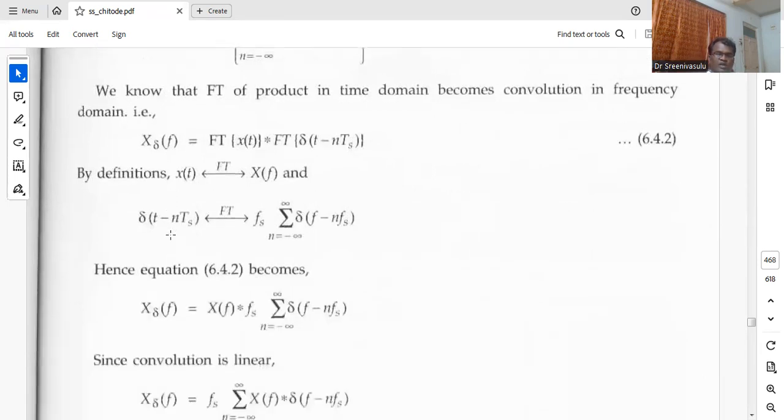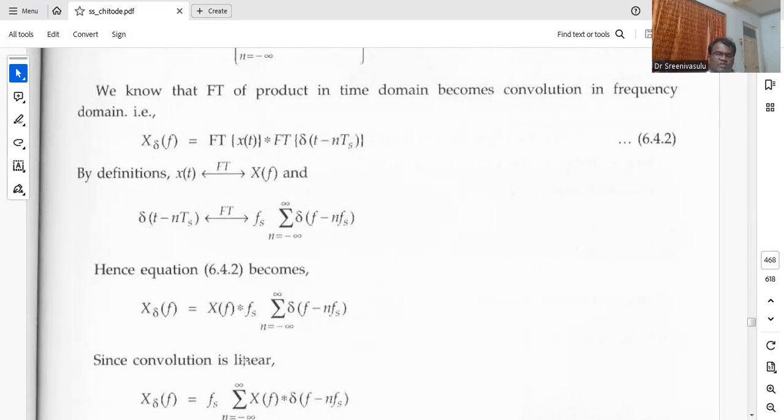The Fourier transform of the periodic impulse train we need to calculate separately. This concept is already in Fourier series, so you collect the data from the Fourier series. If you apply the Fourier transform to that periodic impulse train, you will get the formula. It is the Fourier transform of x of t in convolution with the Fourier transform of the periodic impulse train. The Fourier transform of x of t is x of f. The Fourier transform of the periodic impulse train is fs into the summation of n equal to minus infinity to plus infinity of delta of f minus nfs. Then you substitute that data here.